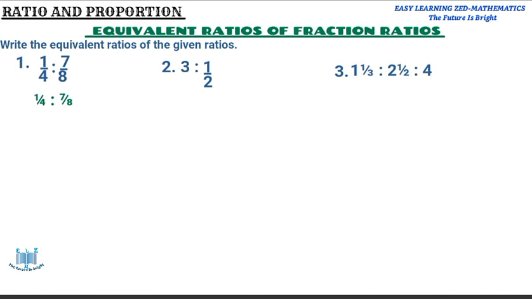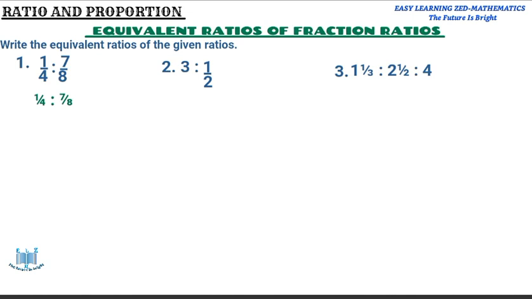So we're going to find the lowest common denominator, which is the lowest common multiple of 4 and 8.